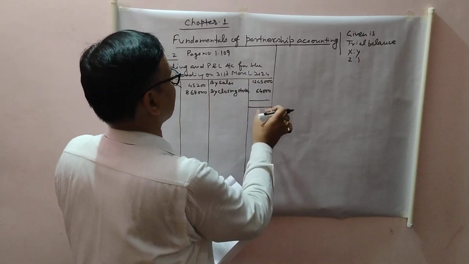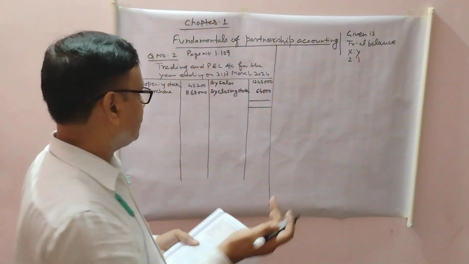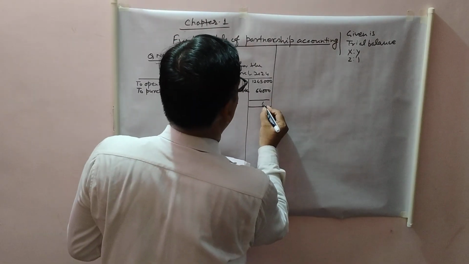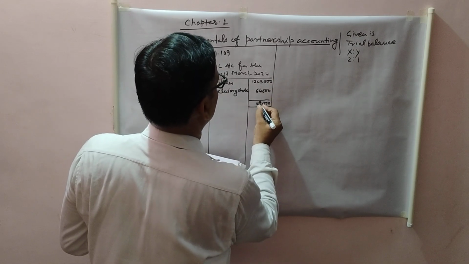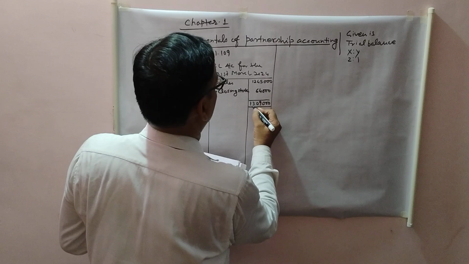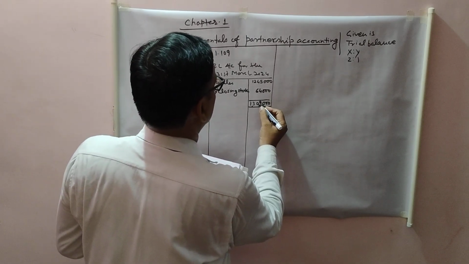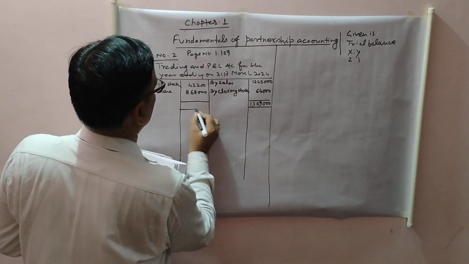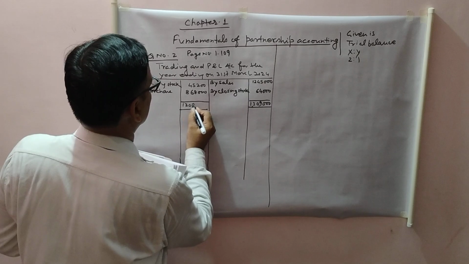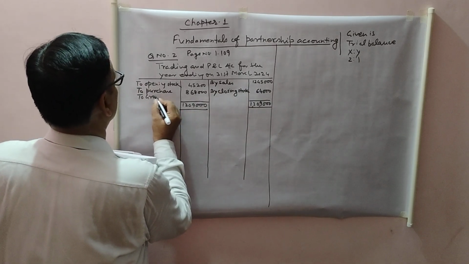If this side is greater, then definitely we will be having gross profit. What is the total? 13,09,000. So, to gross profit.